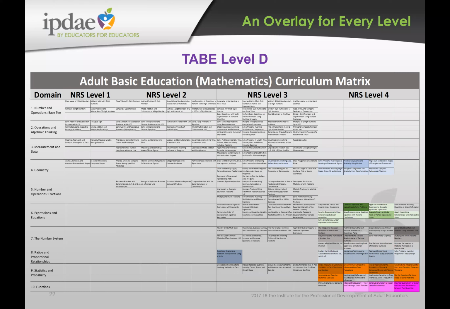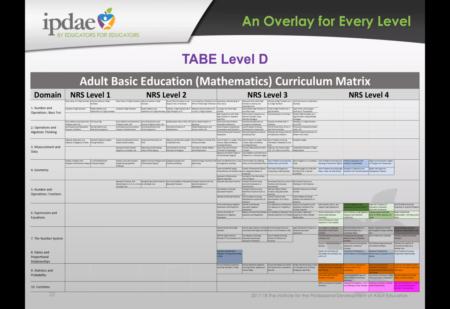And you're going to see the opposite side of that on the level D. If you're looking at the level D, most of your objectives or standards are going to be covered in NRS level 4, but look at this color distribution. You have some outliers that are still back down in level 3.